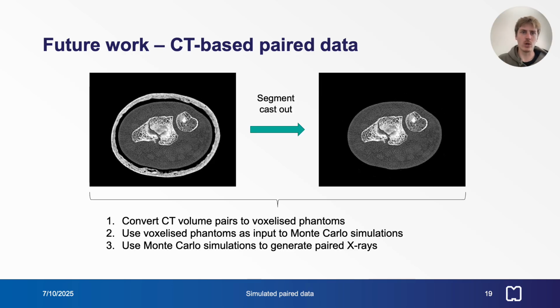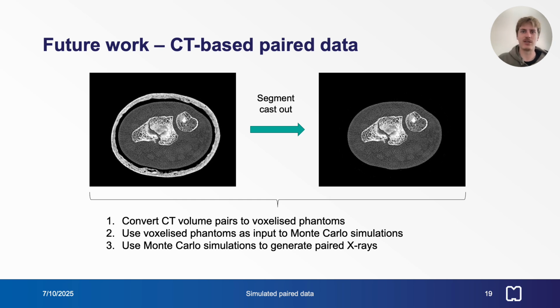In terms of future work, a possible next step would be to use CT data of wrists with casts. We could segment the cast and then mask it to 0, creating a paired dataset of with cast and without cast CT volumes. These paired CT volumes could be converted into voxelized phantoms, which could then serve as inputs to Monte Carlo simulations.